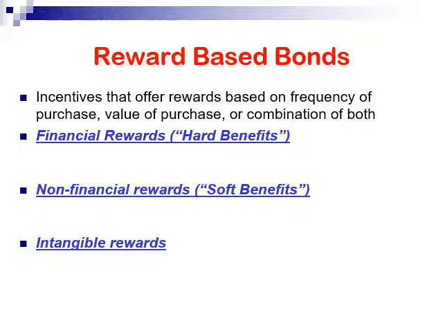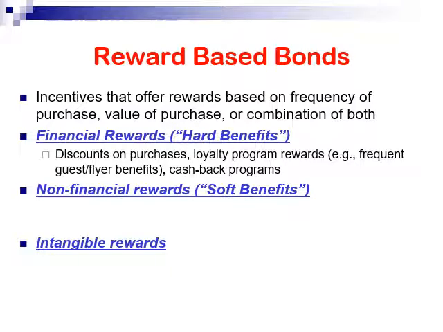First, financial rewards, or hard benefit. Simply, you provide financial rewards such as discounts on purchases and some loyalty benefit. Frequent guests or frequent flyers enjoy financial benefit, right? Also, cashback programs. Most credit card companies provide cashback programs, right? Those are typical examples of financial reward.